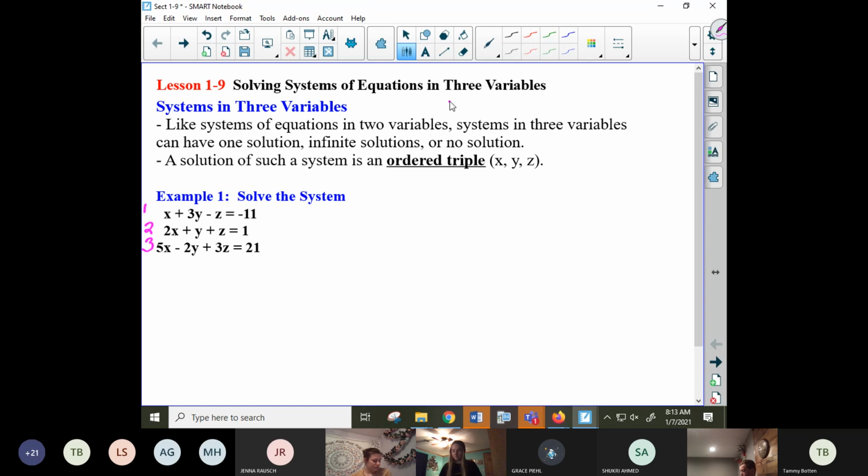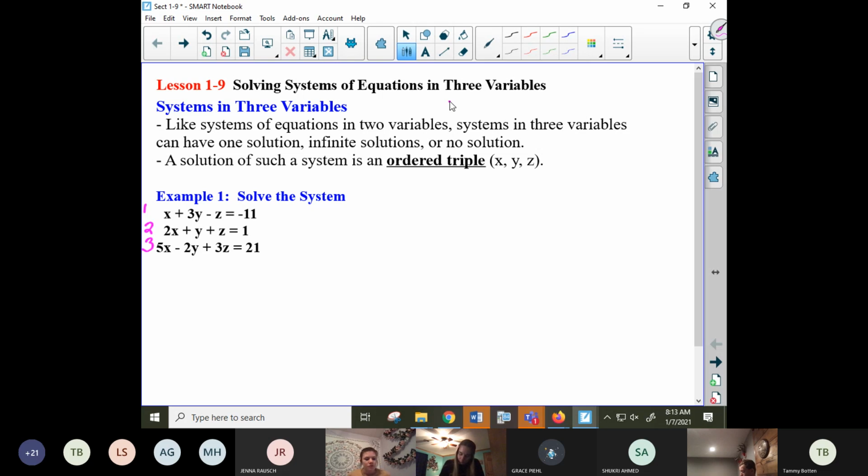And what I do is I look at my x's, the numbers in front of my y's, and the numbers in front of my z's, and I try to think about which one I'm going to have to pick 2 equations twice and try to eliminate either the x's, the y's, or the z's.